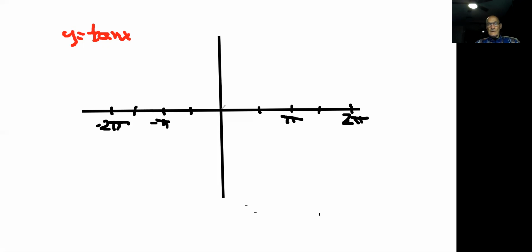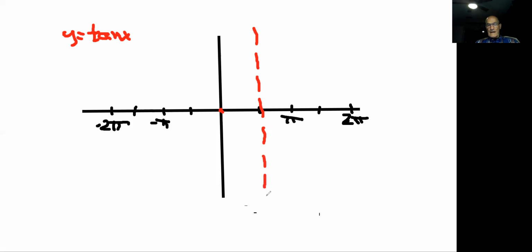So 0 over 1 is 0. So you got a point right there. Now, at pi over 2, which is at the top of the circle, your sine is 1 and your cosine is 0. So 1 over 0 is undefined. So here at the pi over 2 point, for the tangent graph, you have a vertical asymptote.